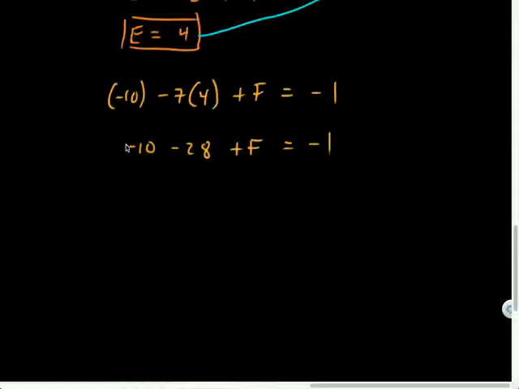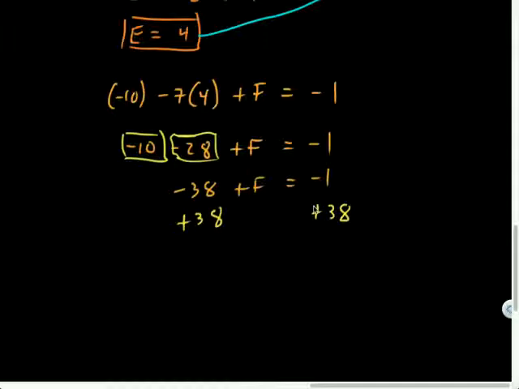Combine some like terms there, and I get negative 38 plus F equals negative 1. Add 38 to both sides. F equals 37. So I just found D, E, and F for the general form of a parabola, the vertical kind.